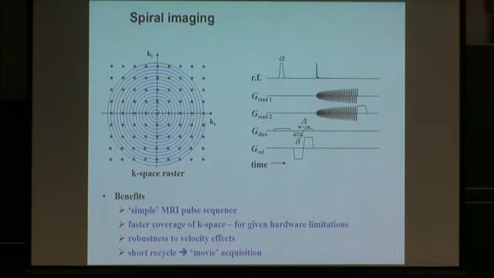So we don't have some of the problems that we were seeing earlier. We've done this up to a couple of meters per second without significant velocity effects. And the other advantage is that this is very suitable to a short recycle time, so we can look at the evolution of the system with a movie type acquisition without having to have a long delay time between one image and the next.